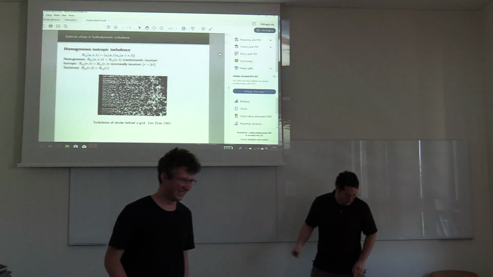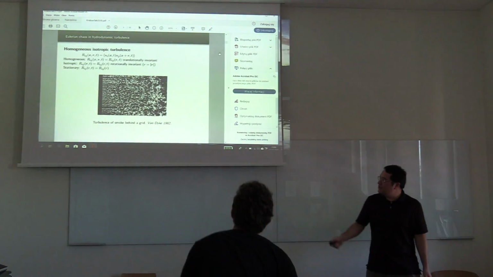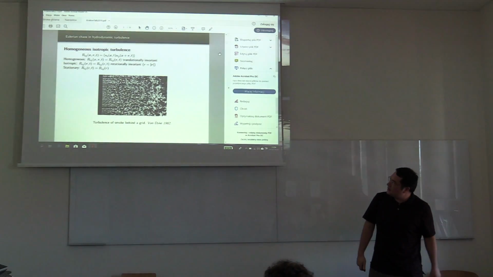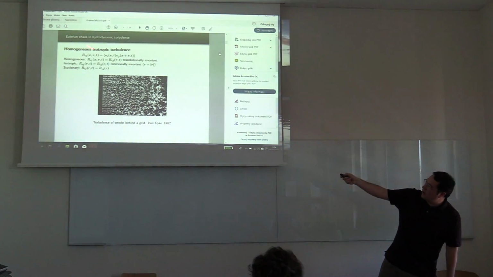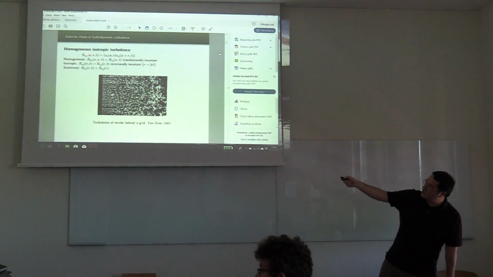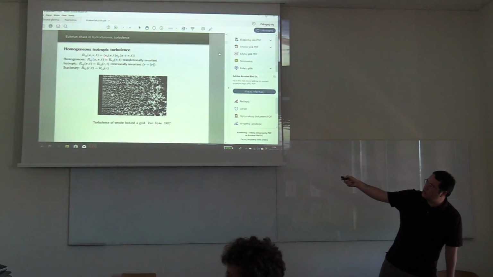Okay. So I look at homogeneous isotropic turbulence, and so if we have a second order correlation function R, these angle brackets represent the average over all space, and so homogeneous means that your second order correlation function is only a function of the relative distance between the 2 points.